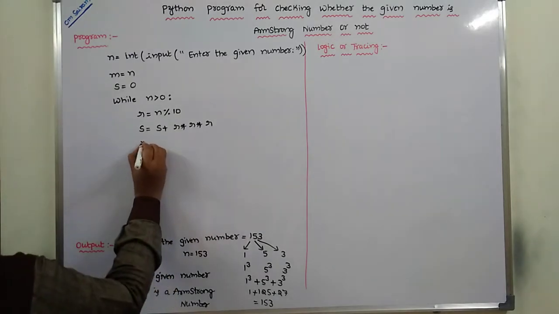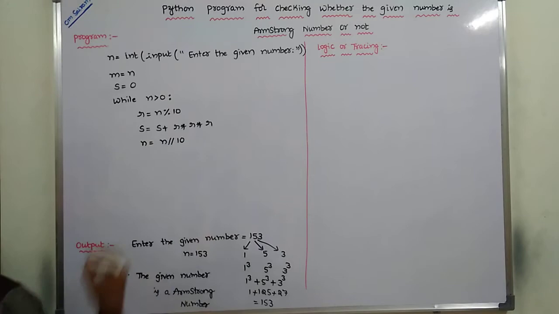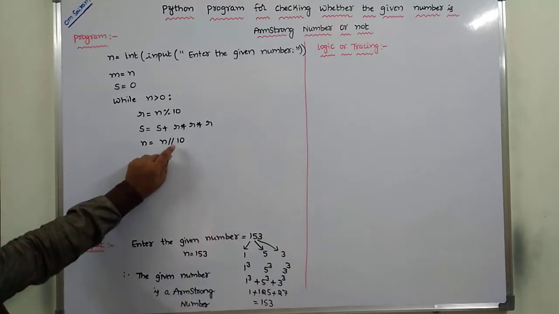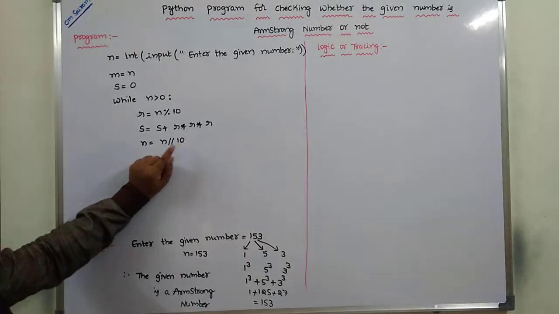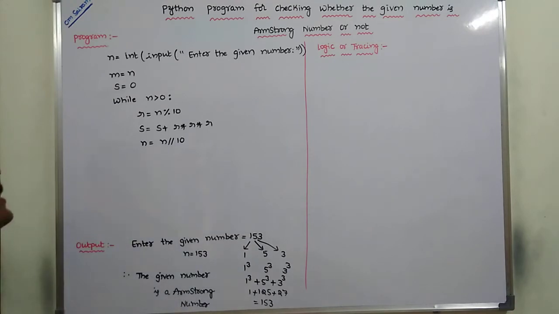Next, n is equal to n // 10. Here n // 10 returns only an integer value, whereas n / 10 returns the float value. Okay, that is the difference.